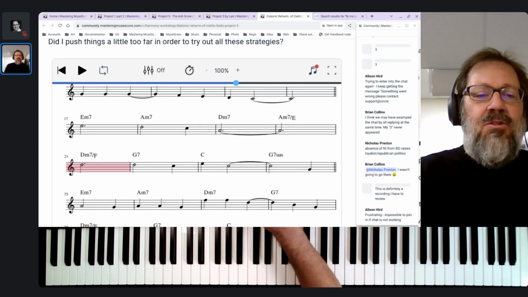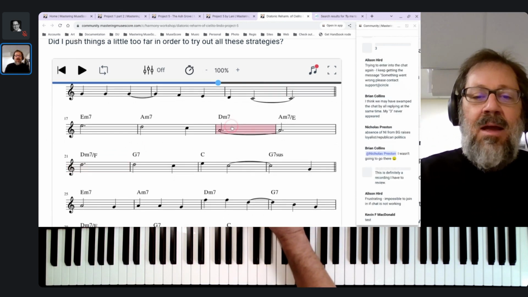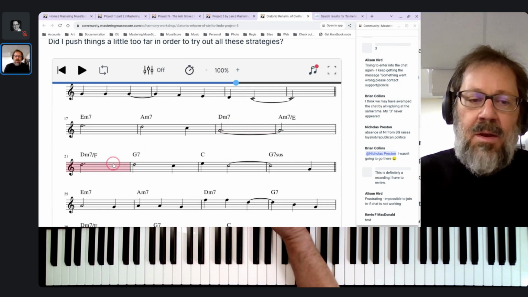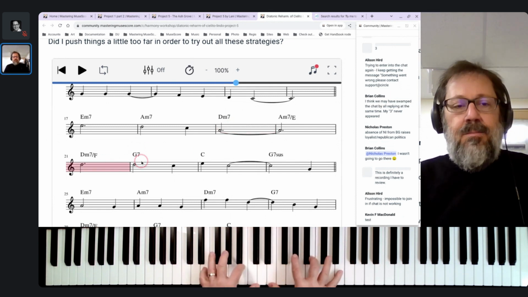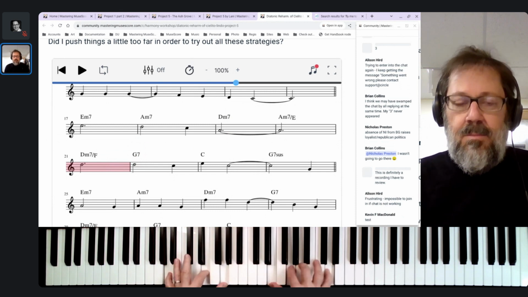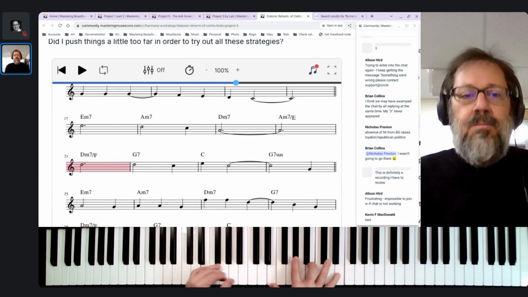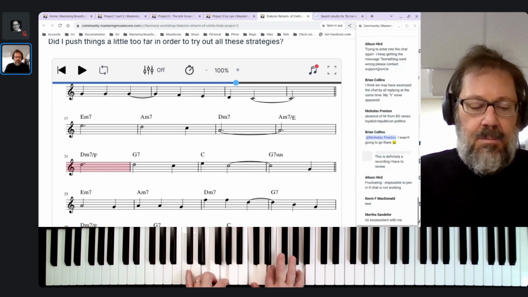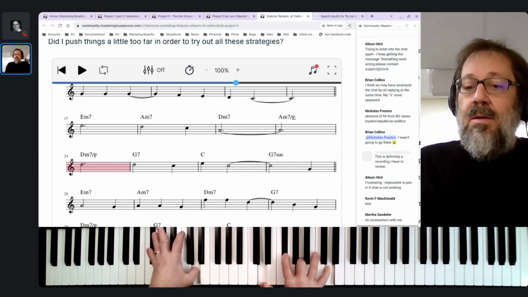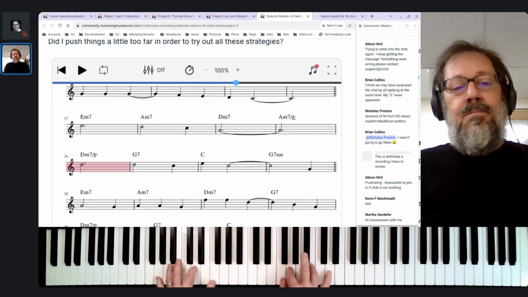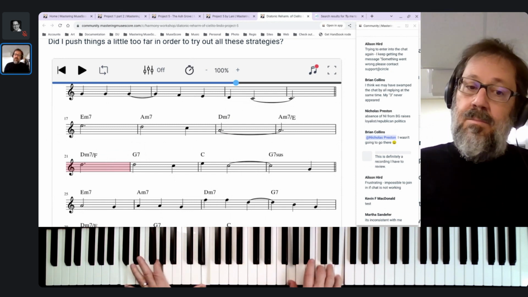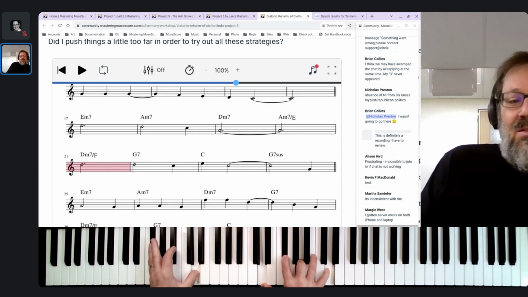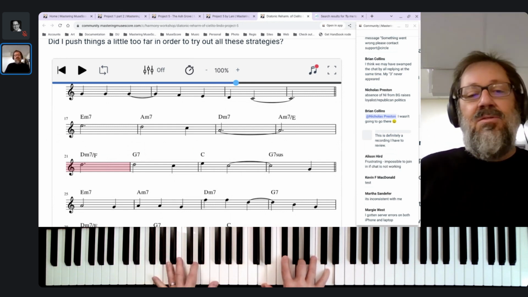All right, so what I'm going to do here is I'm going to play this D minor as a minor, but I'm going to play this one as a secondary dominant. Minor, dominant. So I played D7 with an F sharp in the bass instead of D minor 7 with F in the bass.